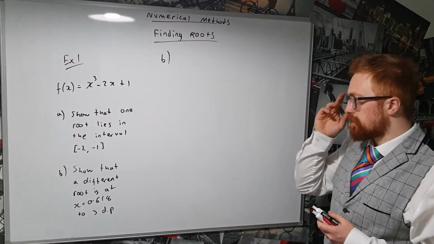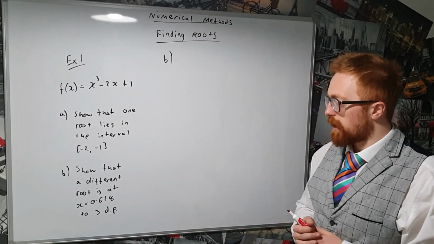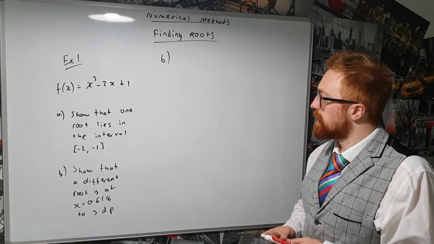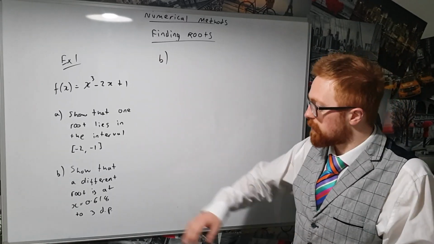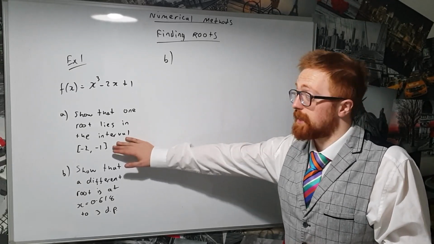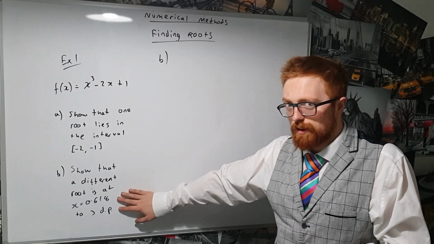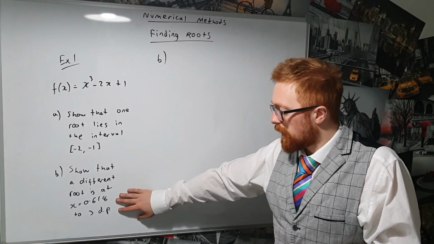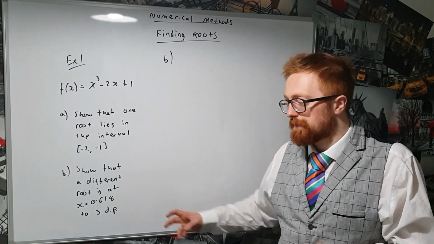Okay, so on to part B. We need to show that a different root is at x equals 0.618, accurate to 3 decimal places. Now this one's slightly less obvious because we're not given an interval, or at least we're not given one explicitly. We are given an interval, it's just a little bit hidden in some of this information here. So can you think how we might be able to turn this information into an interval?